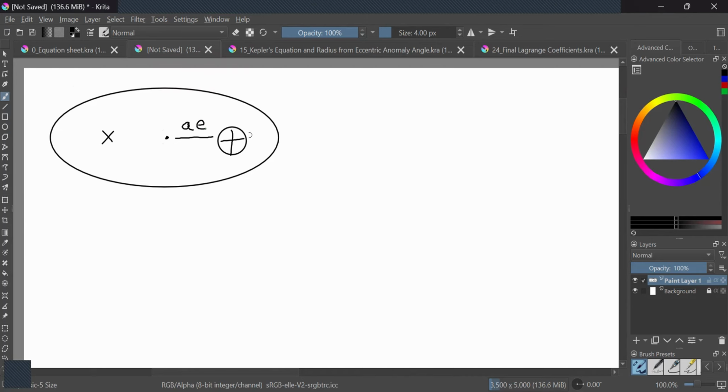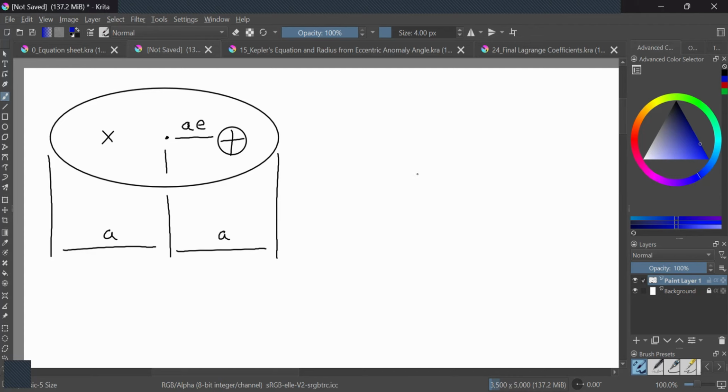We covered this already in a previous video that I will put a video card for up on the screen probably about now. And these are both distance a. This is all stuff that we've dealt with before, but we're going to reframe it in the perifocal reference frame.